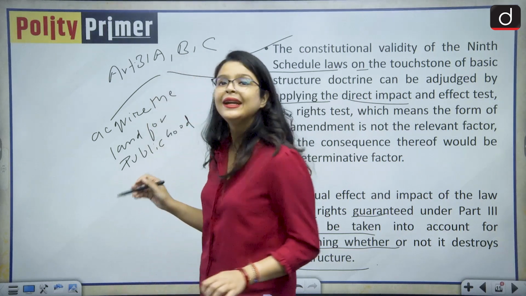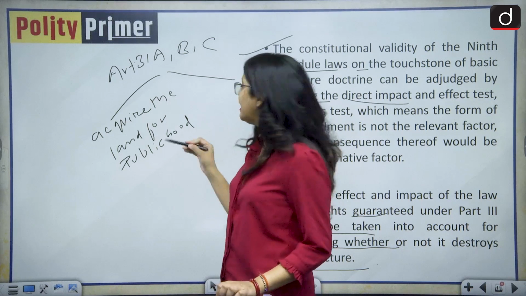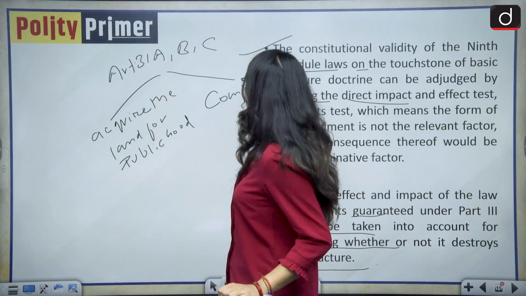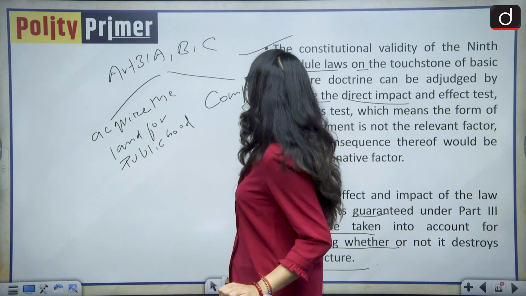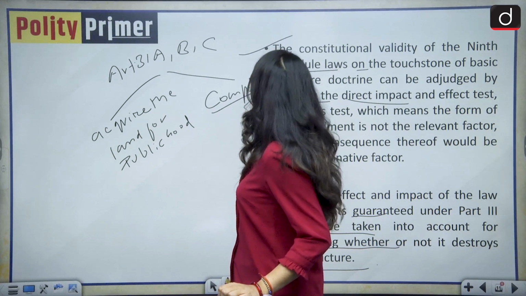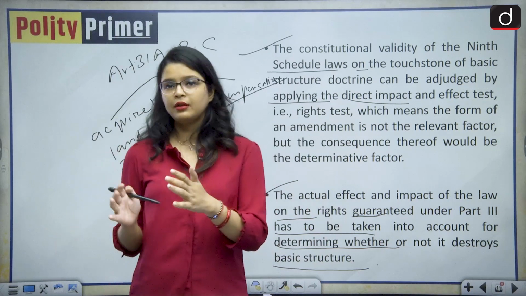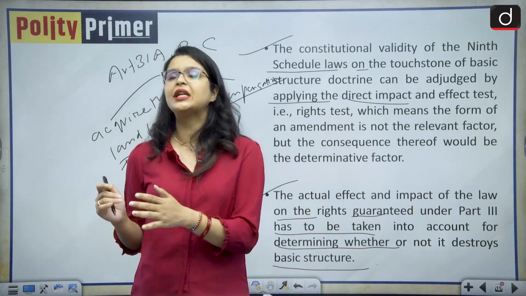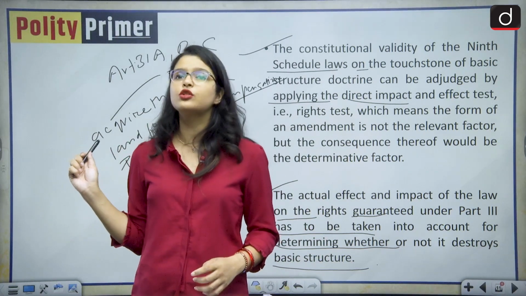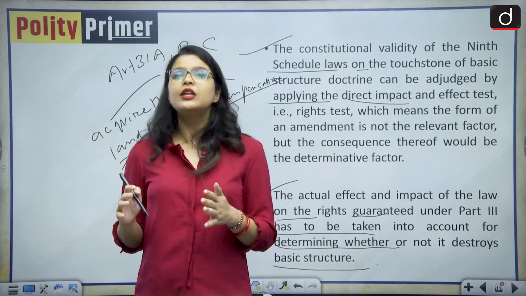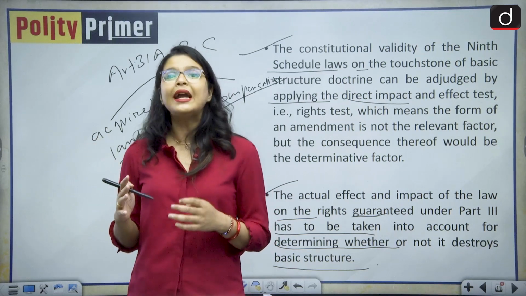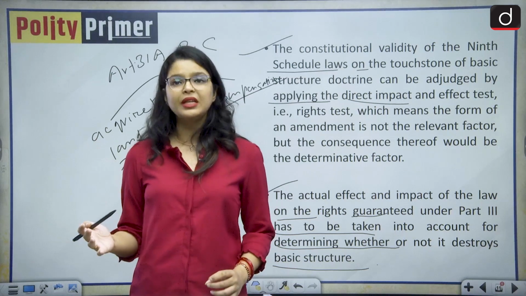And even if you acquire the land, you will have to provide compensation. So these restrictions were also placed in this case on the application of Article 31A, Clause A, Clause B and Clause C.